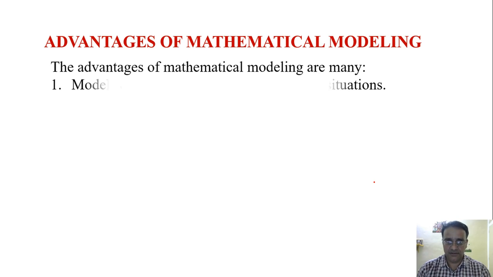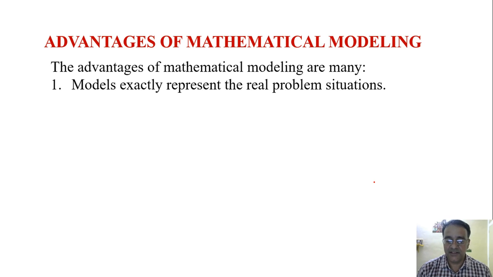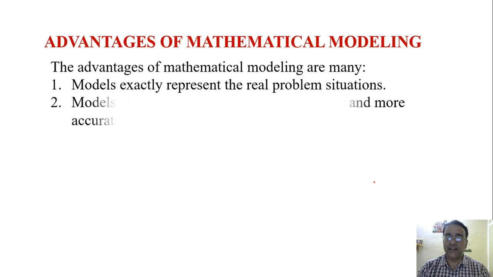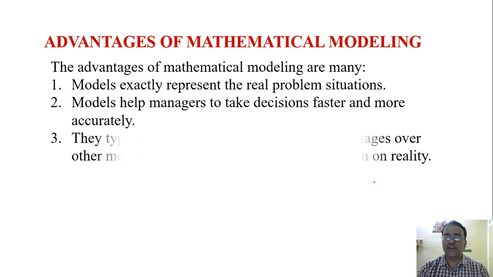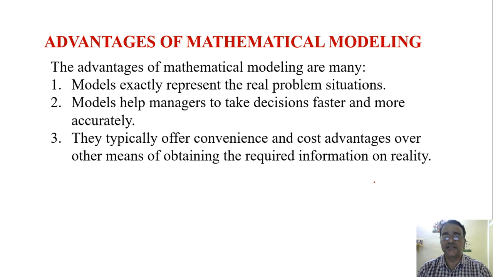And now let us go through the advantages of mathematical modeling. Models exactly represent the real problem situations. This is the first advantage. The second advantage is that models help managers take decisions faster and more accurately. The third is that they typically offer convenience and cost advantages over other means of obtaining the required information on reality.